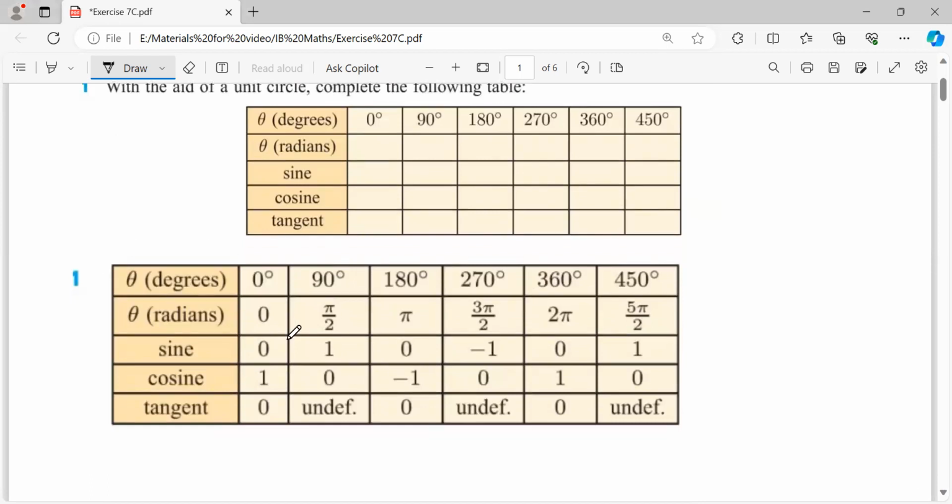If you complete this table, it will be like the second table, which is the answer to the first table. But how do we find 0, pi over 2, pi, 3 half pi, 2 pi, 5 pi over 2, and so on?